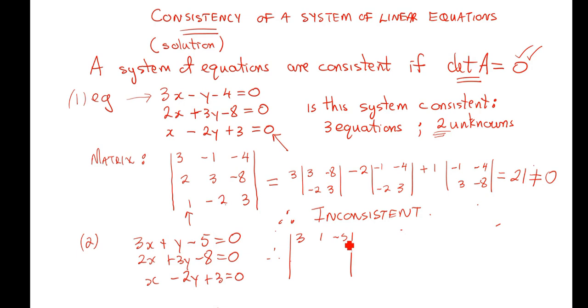Find the determinant, and when you do that, you will see that this gives you an answer 0. Therefore, we can state the system is consistent. In other words, we can find solutions for that system of equations. That completes this video.